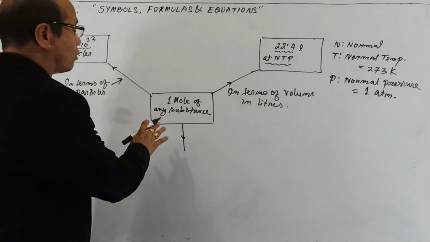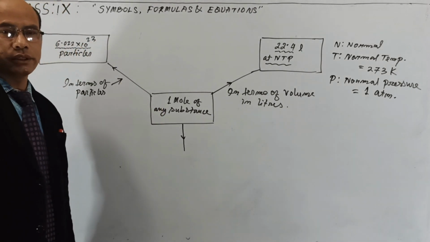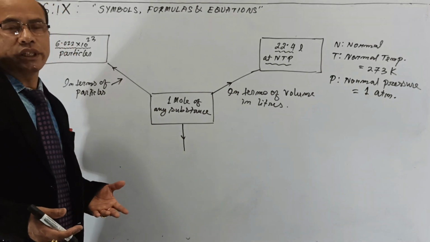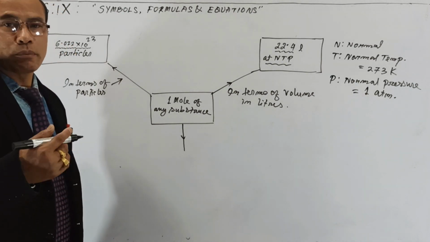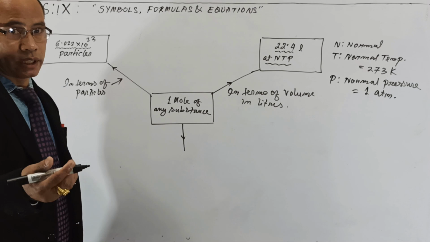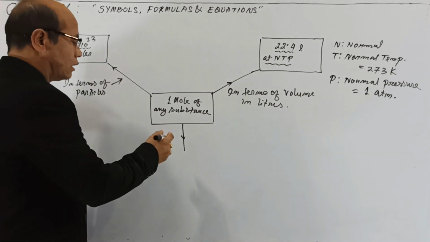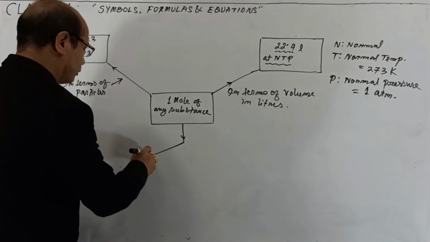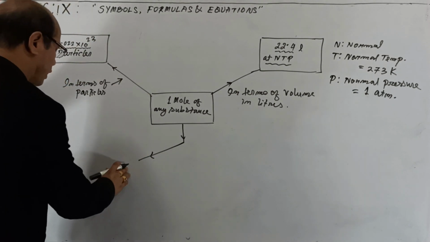Sometimes we would like to know 1 mole of any chemical substance in terms of grams. That means when you want to convert 1 mole of any substance into number of grams, how many grams are you going to get? You can divide it into 2 parts.